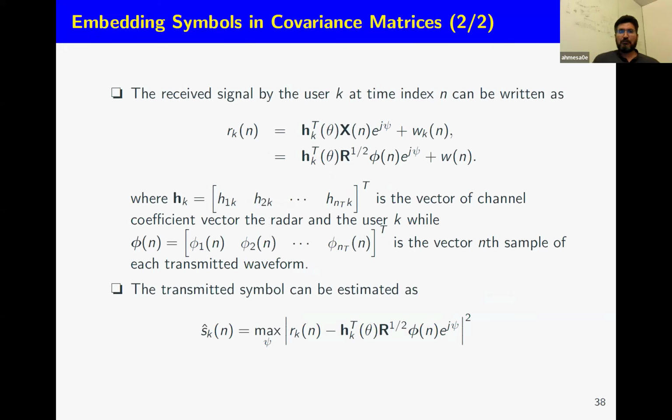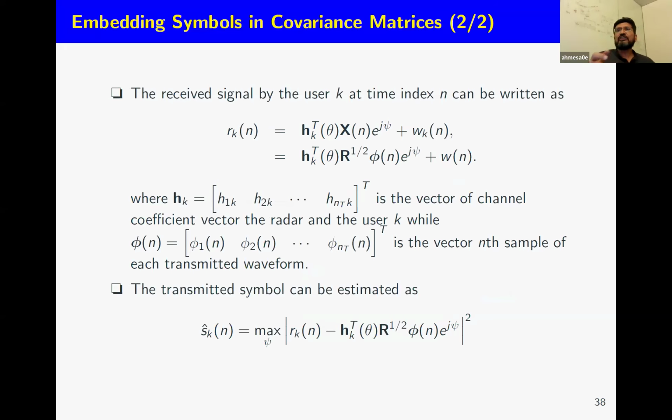Right. So now how will the receiver decode what has been transmitted? We can see that the received signal will be H_k theta. Here I am assuming that H_k is the channel coefficients of the user from the transmitter.